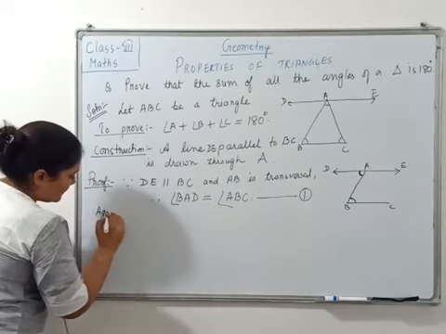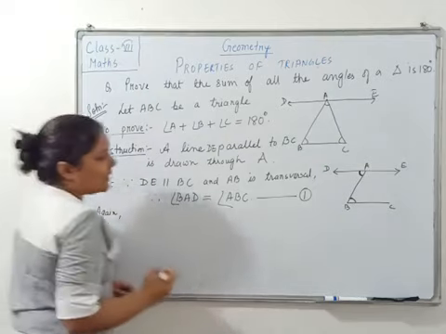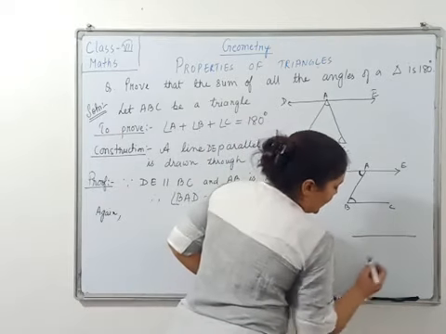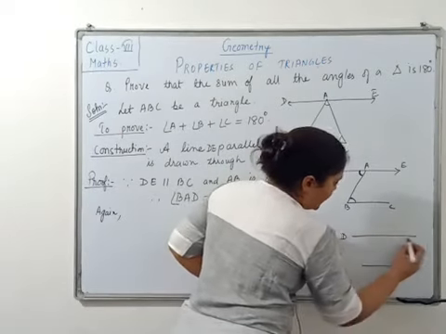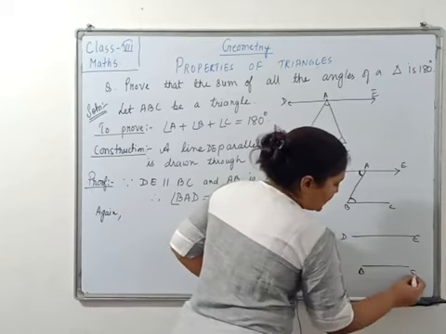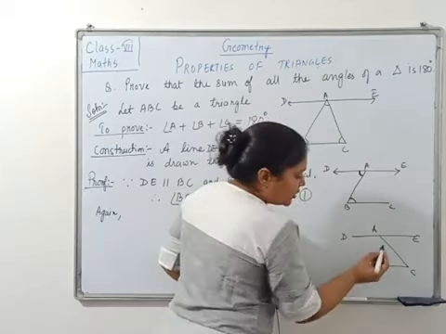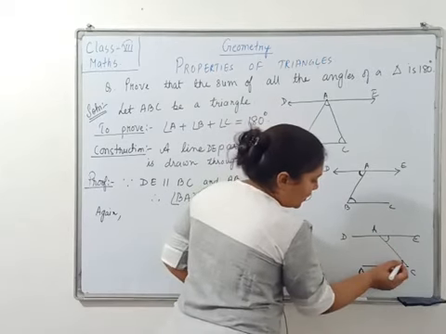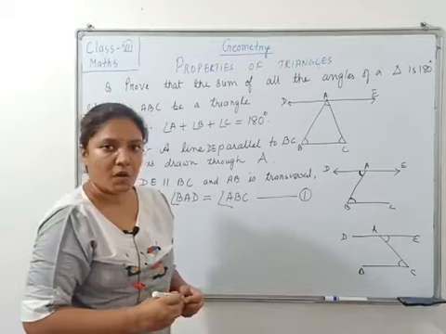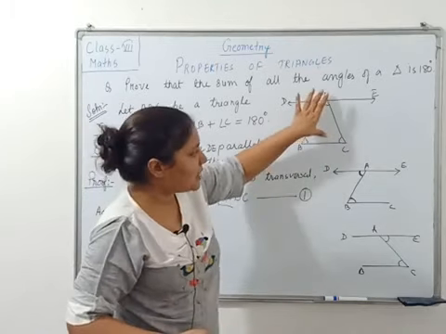Now, next part. Again, if DE is parallel to BC and AC is transversal, then which angle will be equal to which angle? This angle is going to be equal to this angle. I am just taking the part from this triangle only.